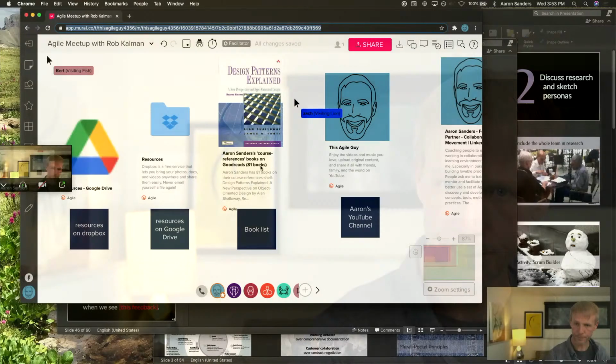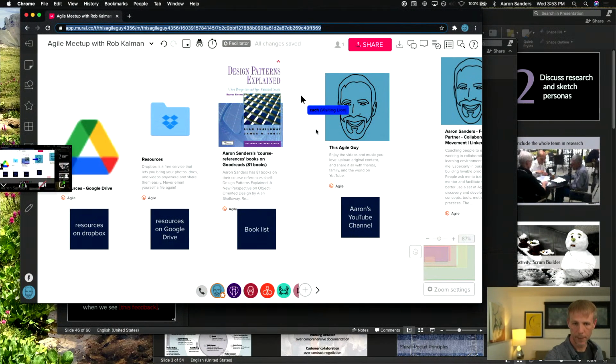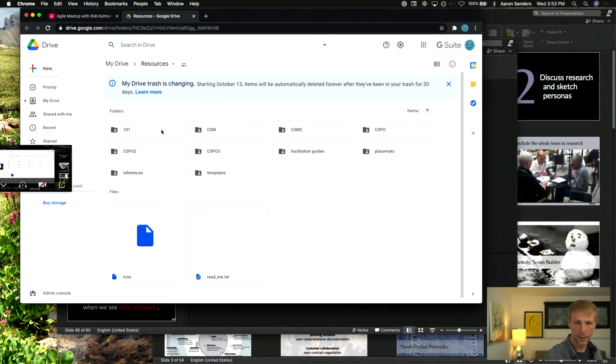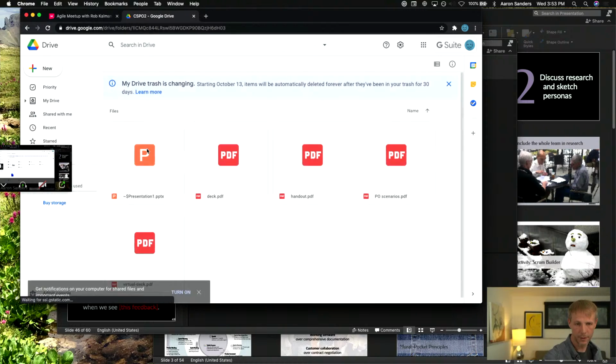Am I sending the deck out? Well, as a matter of fact, yes. And on that mural board, underneath the agenda, are a whole bunch of resources, actually. And so if you double click on Google Drive, it should go in there, and it's under CSPO2.